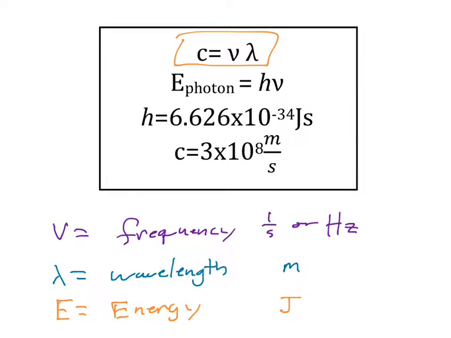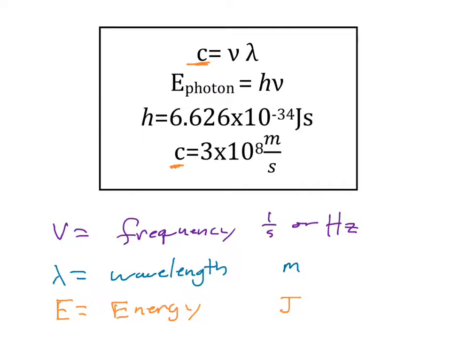So let's go ahead and talk about these constants as well. You'll see that we have c right here, and c happens to be the speed of light, which is 3 times 10 to the 8. And we have h, which is 6.626 times 10 to the negative 34.